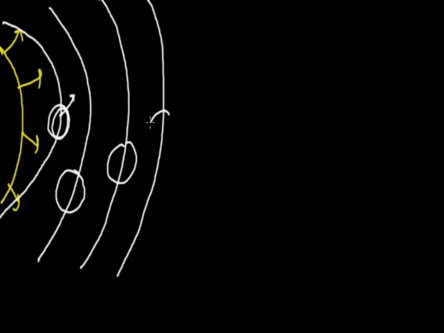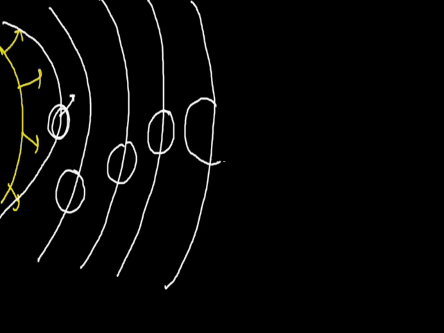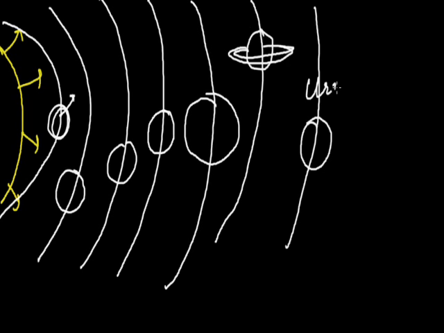Then we have Mars. Then we have gigantic Jupiter. Then we have mysterious Saturn. Then we have the weird Uranus, and then we have Neptune.